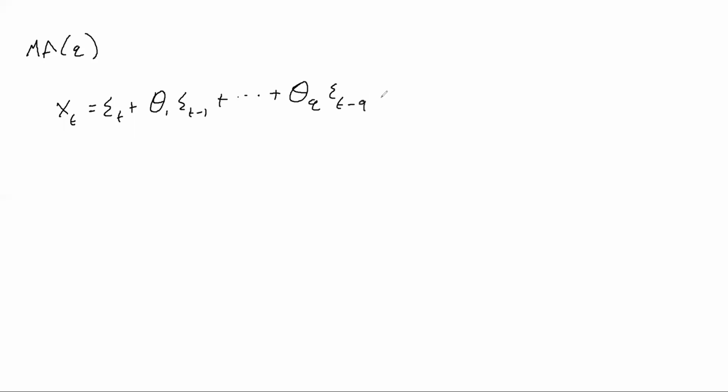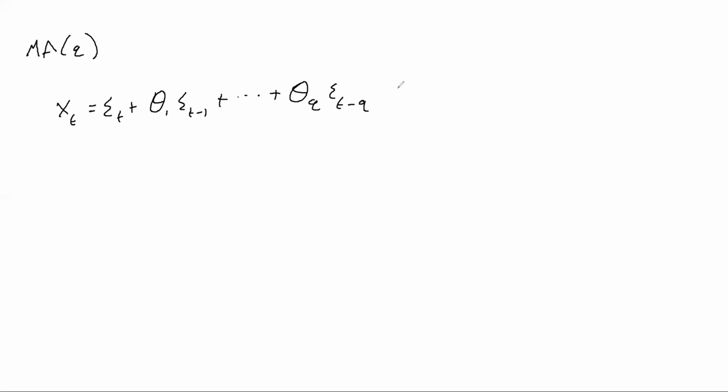So this was for a first order moving average process. To make it general, for a general moving average process of order q, the order is notated with q. So an MA of order q would be written out as xt is equal to the current error term plus theta 1 times the previous error term, plus all the way to theta q multiplied by the error term of t minus q, so q many lags.